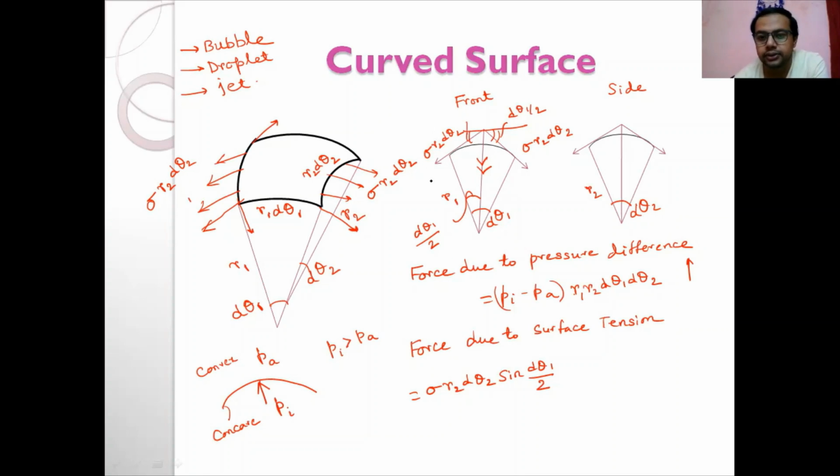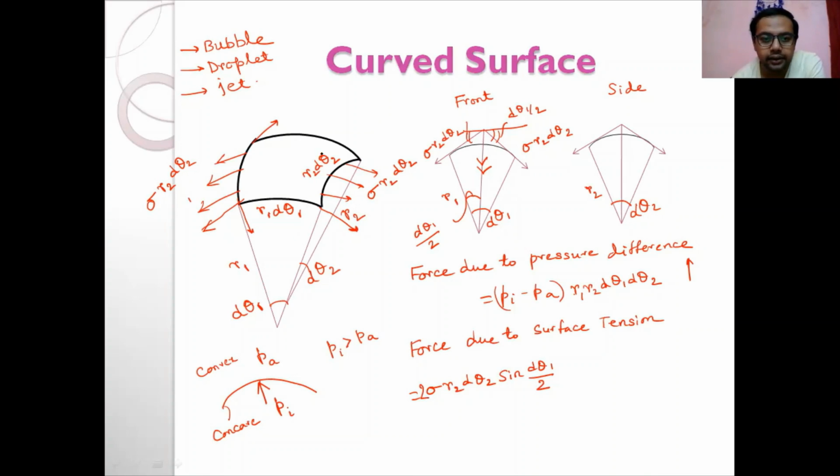The same is true for this side also, so it is 2 into that, because one component of this force plus one component of the other force is what we are considering here.